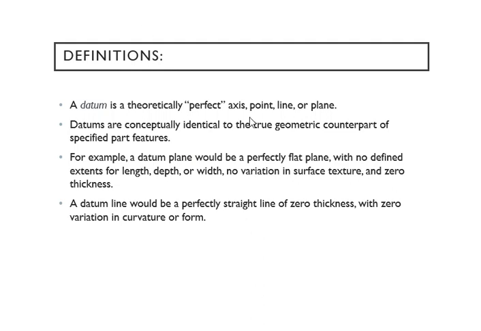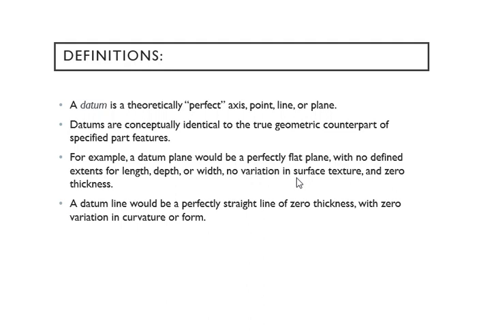So datum is point, line, and plane, and we're going to measure something from them. A datum plane is just a flat surface. Since we're doing drawing, everything is on your part features. You have your part, and the part has many different kinds of features, depending on the product and the model.